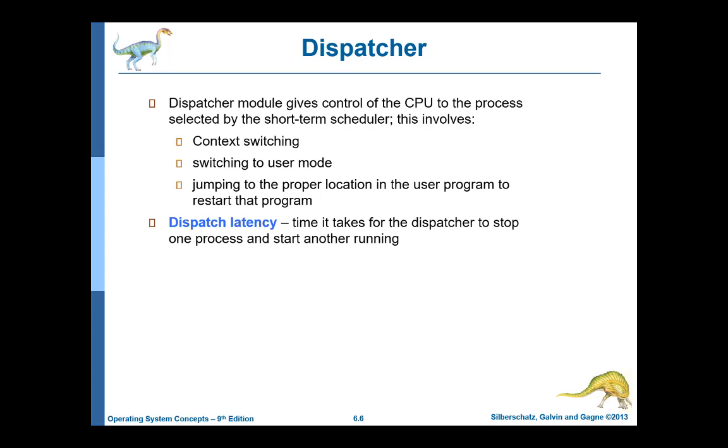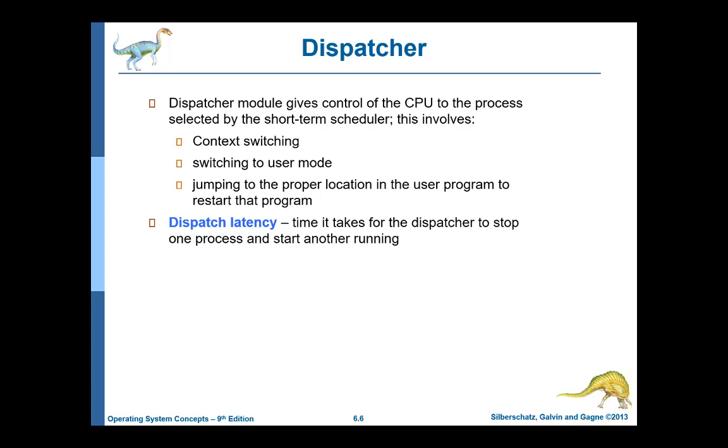There is an entity, another component in the system which is called dispatcher. So dispatcher is actually that module which gives the control of the CPU to that process which was selected by the short-term scheduler. So what we understand from here is that the job of the short-term scheduler is to select a process from the ready queue.